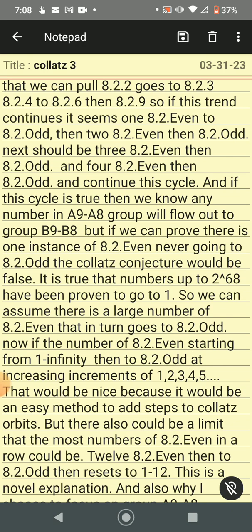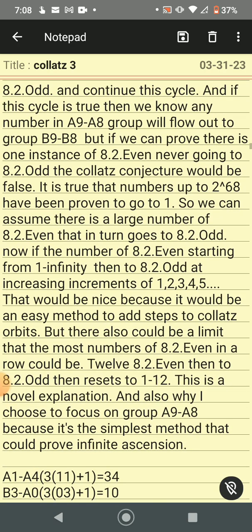And if it always ends in an even number, we know that it will always feed out to the group B9, B8. But if we can prove there is one instance of 8.2 even never going to 8.2 odd, then the collatz conjecture would be false.